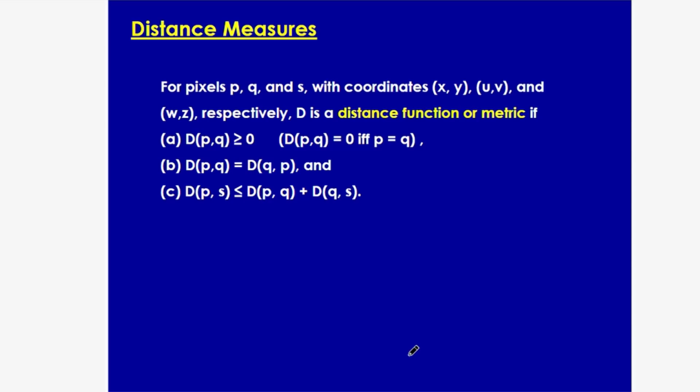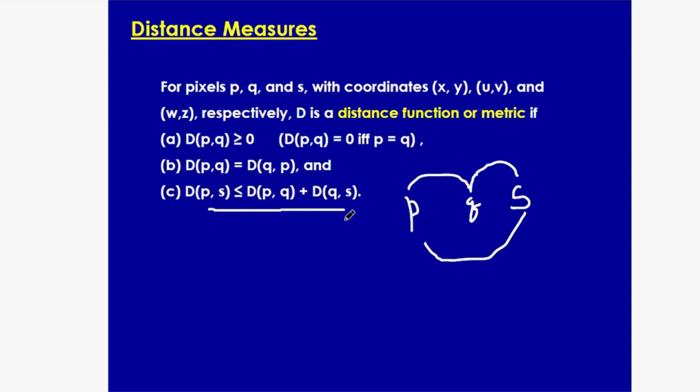Another point: if p, q and s are in a sequence, then the distance between p and s is less than or equal to the sum of the distances between p and q and between q and s.